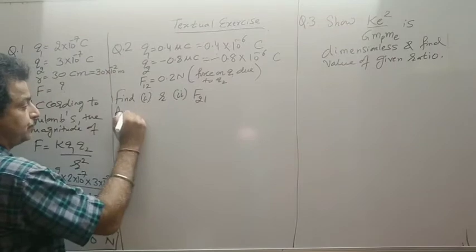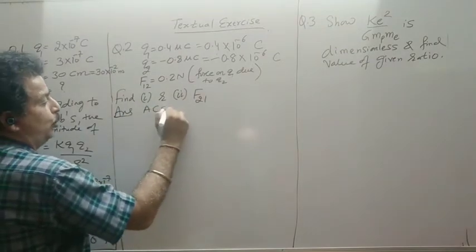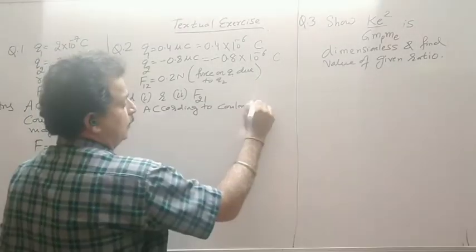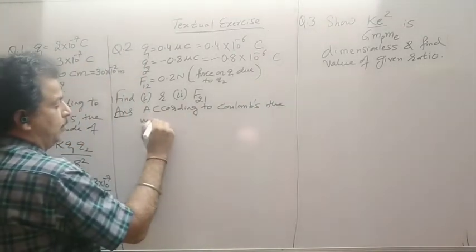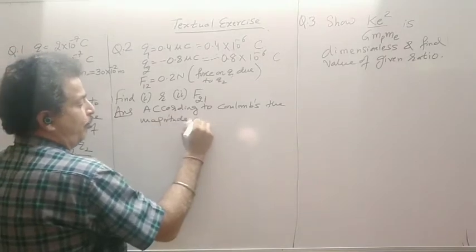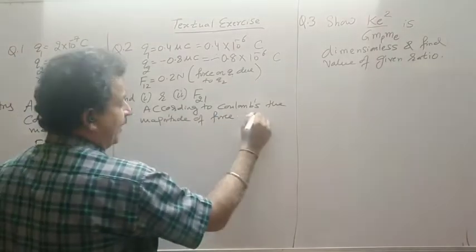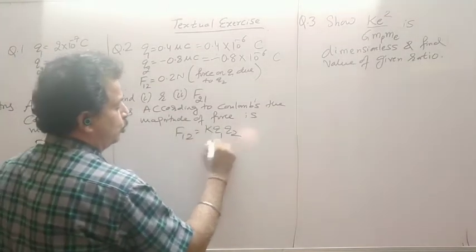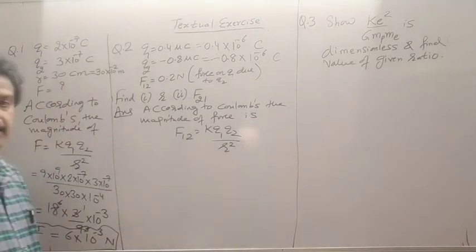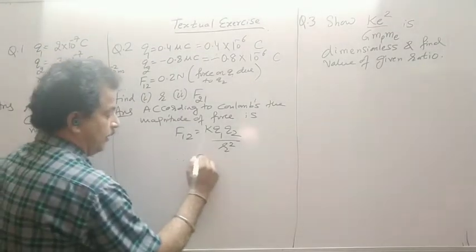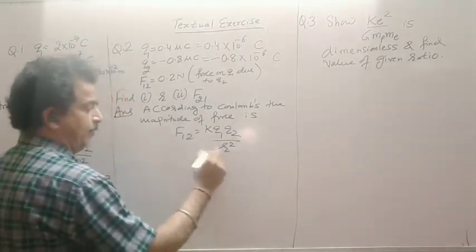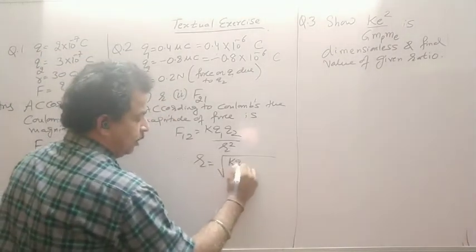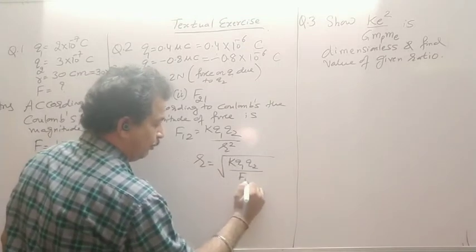So again, according to Coulomb's law, the magnitude of force is, so F12 is equal to K Q1 Q2 upon R square. Therefore, R can be written as, directly I am writing this, replacing denominator, under root K Q1 Q2 upon F12.